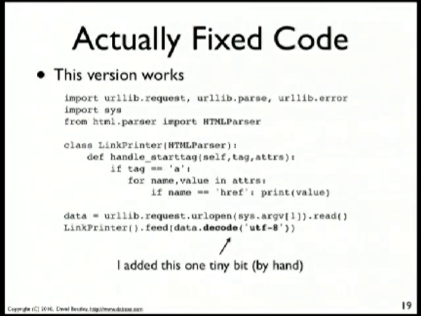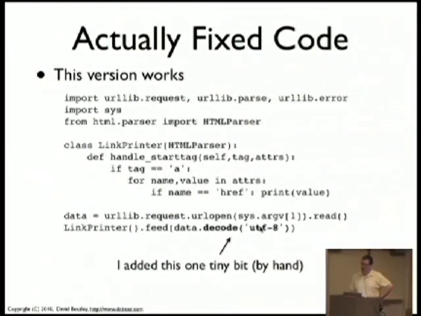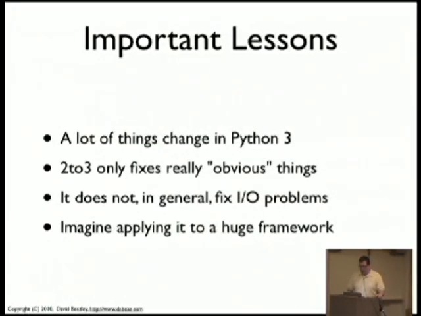So you can actually fix the program. If you want to fix it, you have to go in and manually do some kind of decode operation, saying I want to decode the data that I got off the web as UTF-8. Then the program will run. So some lessons before we jump into the I/O stuff: a lot of things change in Python 3, but this 2to3 tool does not find everything.